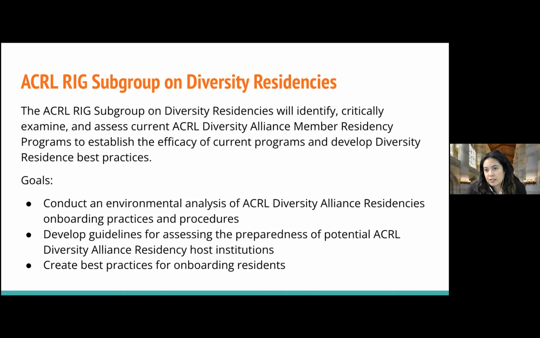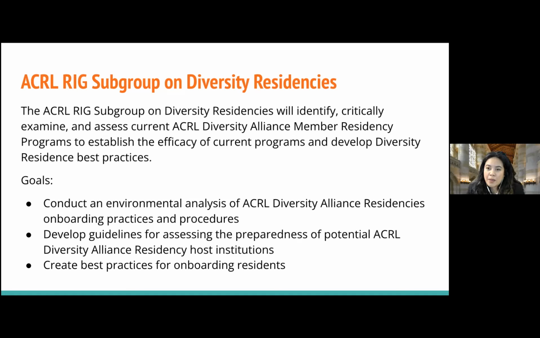So we felt that the letter of commitment was too broad and left the host institutions too wide a berth to interpret these commitments, which ultimately left the resident in a vulnerable position, because no one is as greatly or negatively impacted by a failed or mediocre residency as the resident themselves.